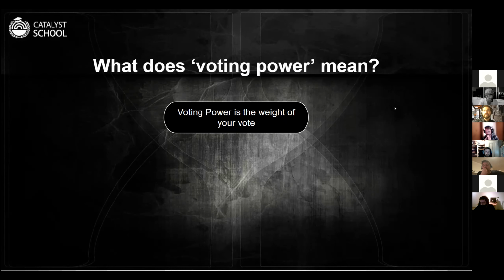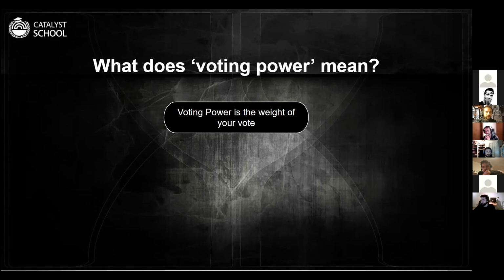So, for example, if you've got 5,000 ADA and someone else has 10,000 ADA, their voting power is 2 times your voting power. This is something the community has been discussing a lot, because at first it doesn't seem fair to have some people with more voting power than others.